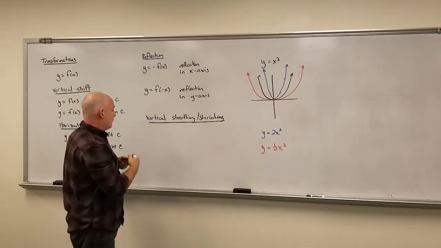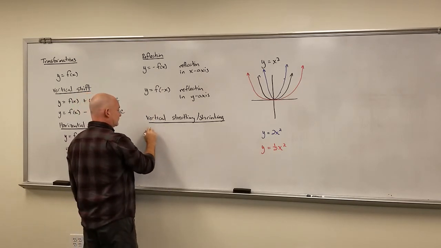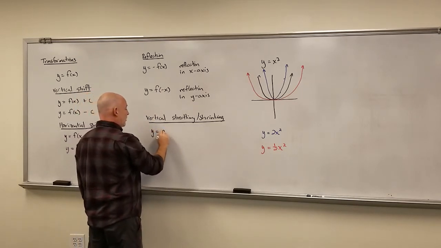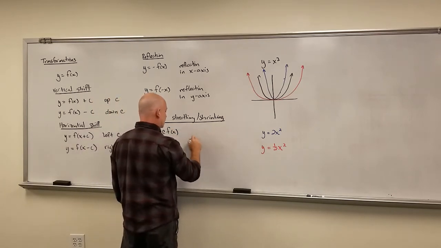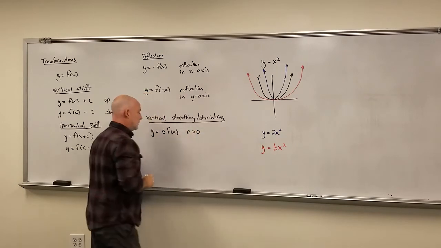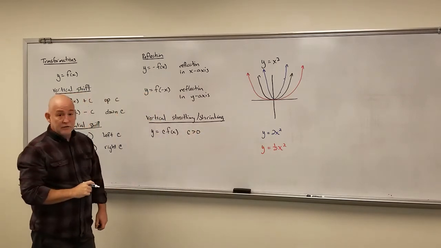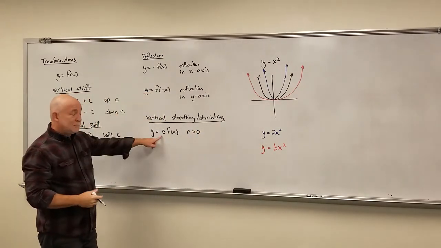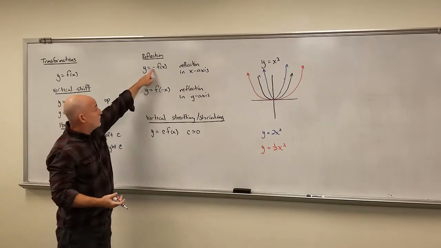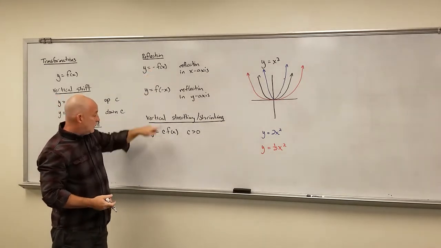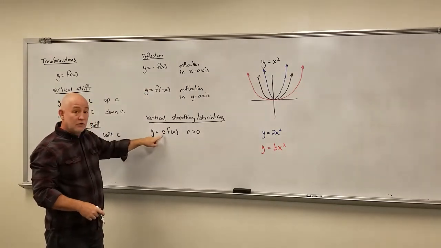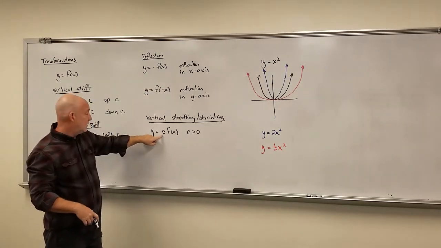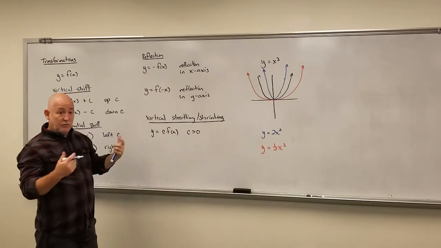So what did we do? We take our original function and multiply it by a number c. Here c is greater than 0, because it's positive; the negative is actually already taken care of up here. If c out front is negative, it's actually two things: vertical shrinking or scaling and a reflection all put together in one.